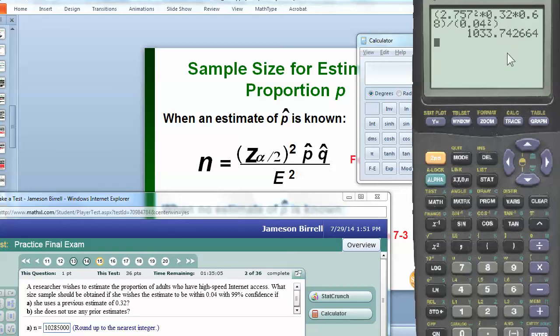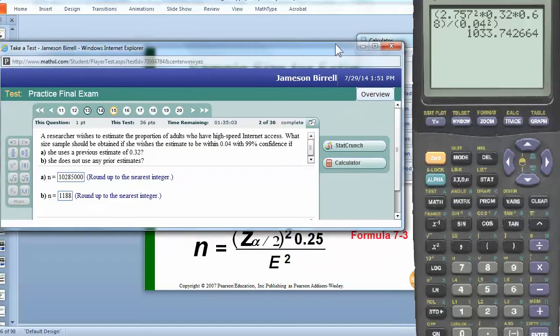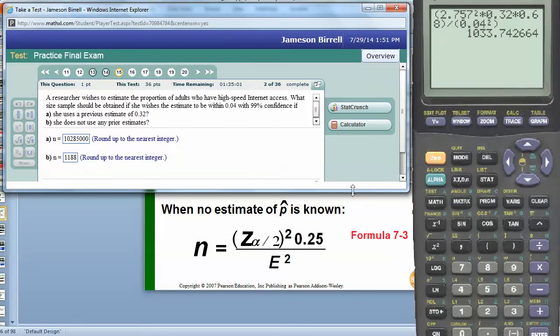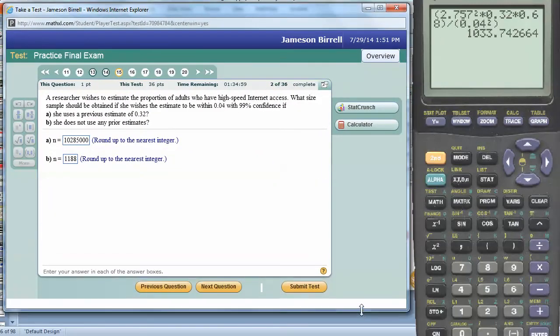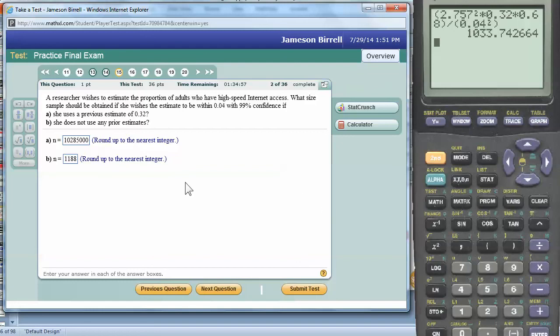And again, I don't like that these keep coming out to conventionally round to the same numbers as the non-conventional round, but either way I would have rounded up, because 1033 is the minimum, which means I need the next whole integer, which would be 1034.